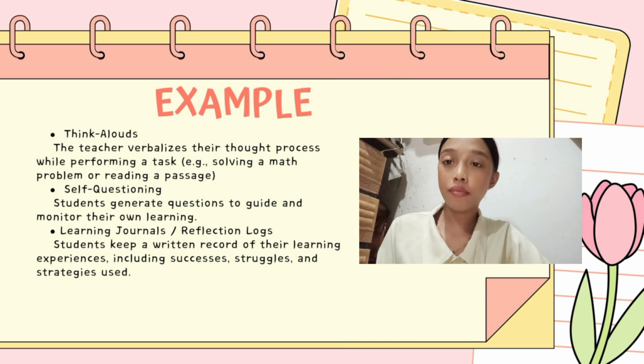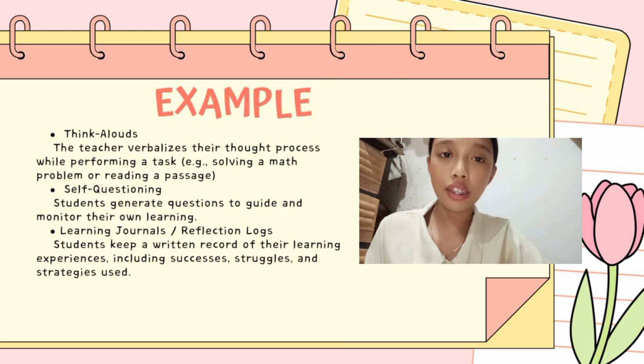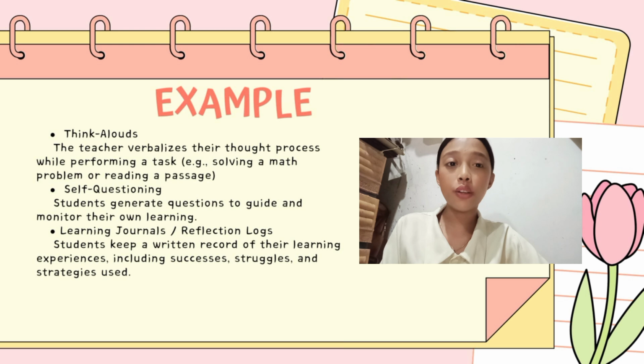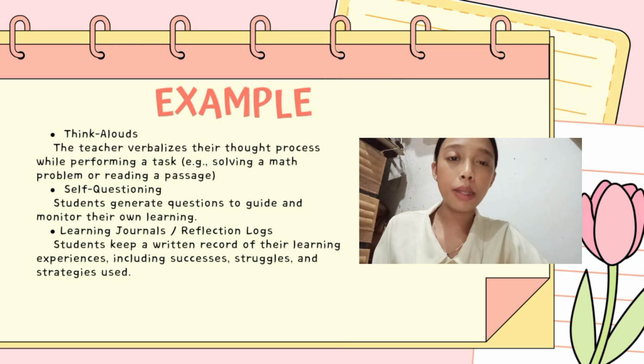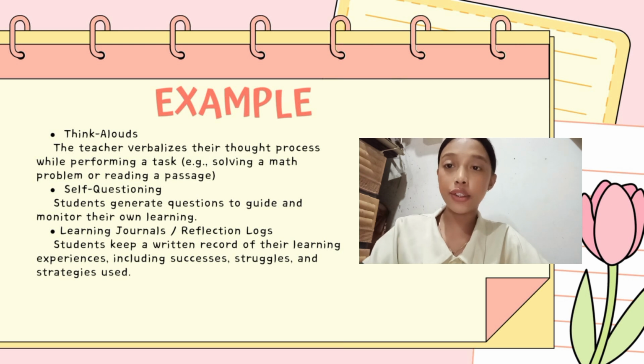Here are some examples of metacognitive teaching strategies. First, think aloud. A teacher verbalizes the thought process while performing a task. Example is solving a math problem or reading a passage.